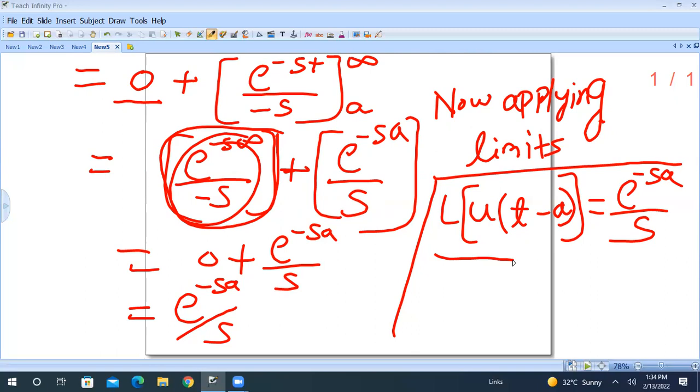This is your unit step function, first step. So next, the second one.